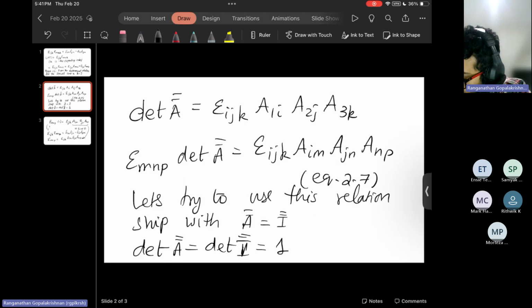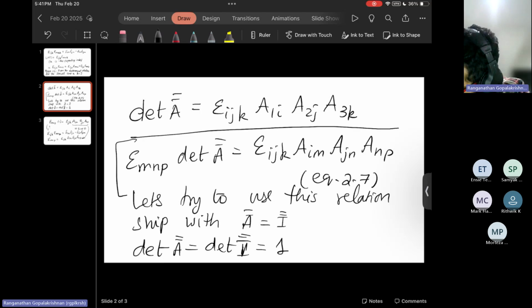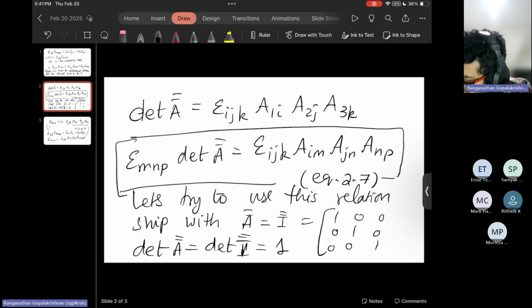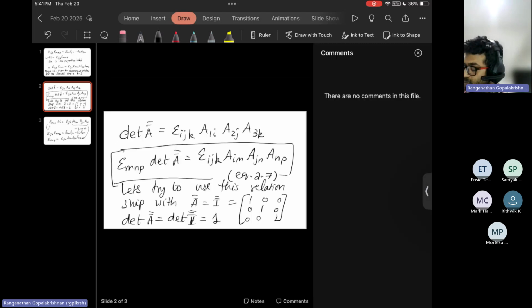Right. So to recap, we start with this relationship. That's what the book suggests. Start with equation 2.7. And A is any tensor, any matrix. Choose a special case where A is equal to the identity matrix, which is, if you recall, 1, 1, 1 along the diagonal, and all other elements are zeros. So the elements of A, like A11 is 1, A12 is 0, and so on.